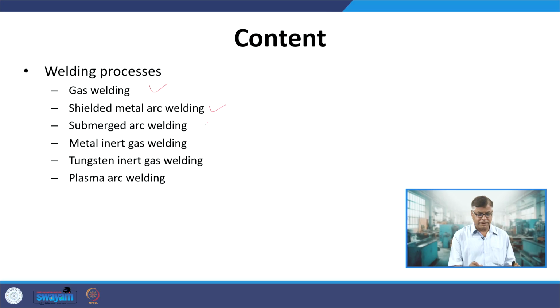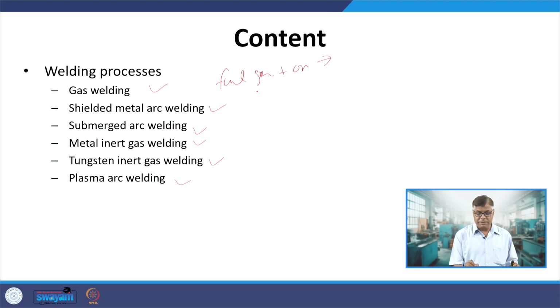Okay. So, we will be talking about gas welding, shielded metal arc welding, submerged arc welding, metal inert gas welding, tungsten inert gas welding and plasma arc welding. Gas welding can use any fuel gas mixed with oxygen.